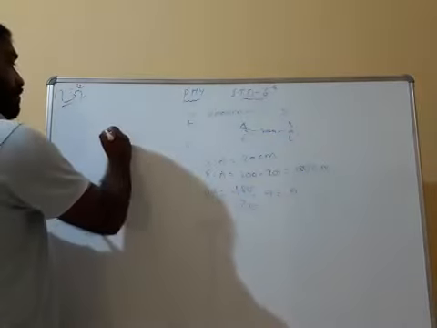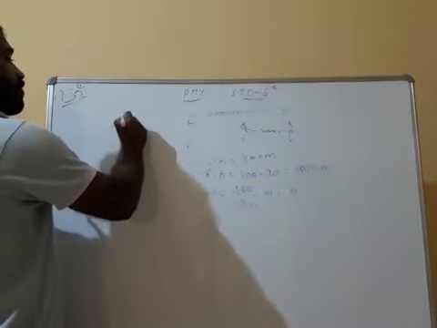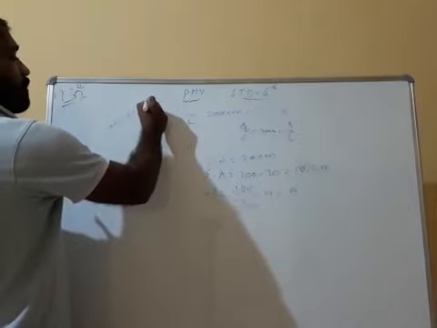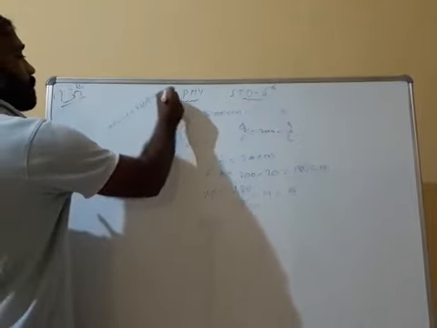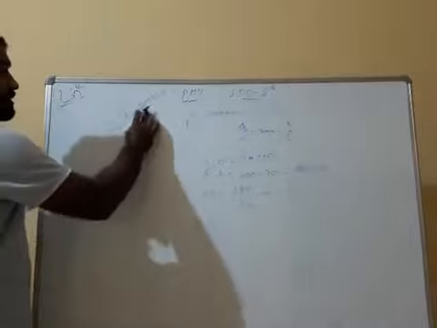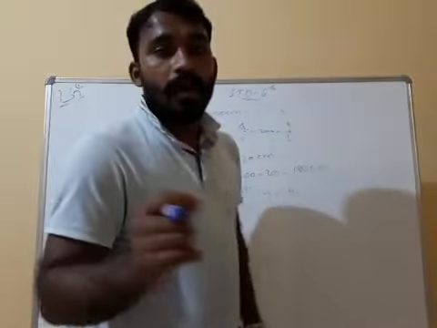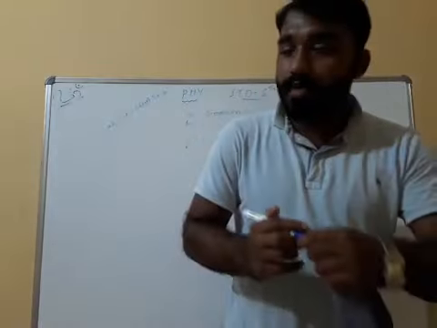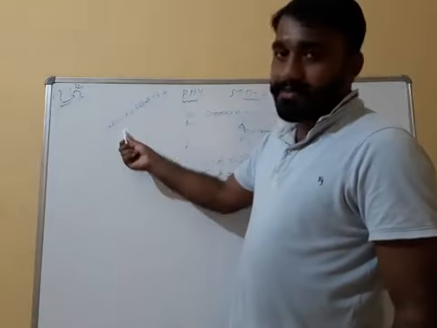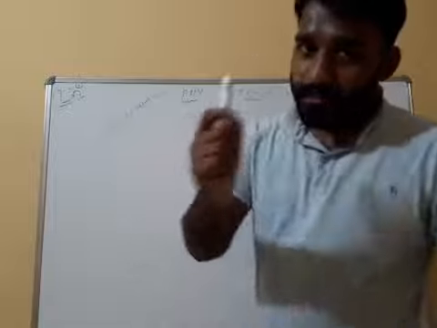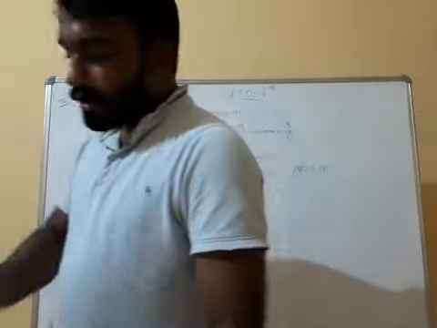Let me tell you. Load into load arm is equal to effort into effort arm. This is the principle of lever. Principle of lever is load into load arm is equal to effort into effort arm. Clear? Next one.